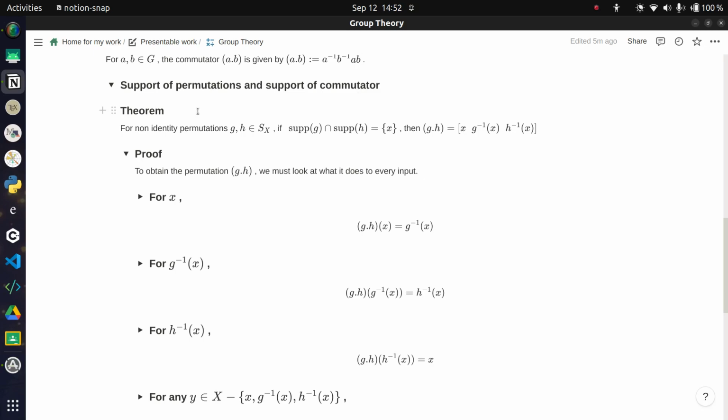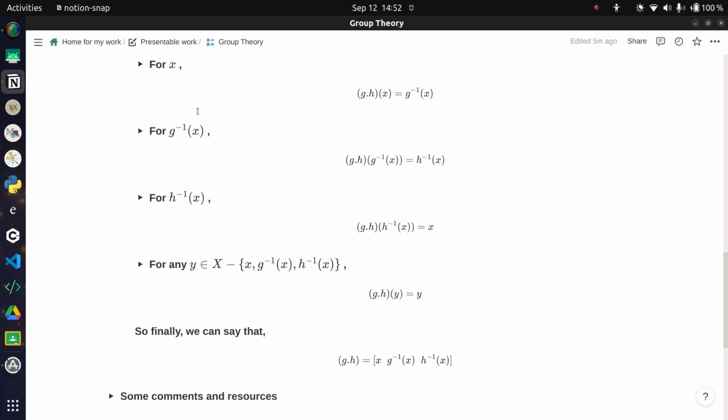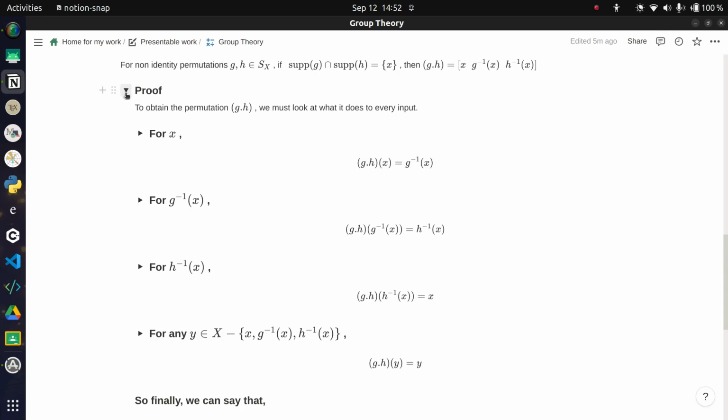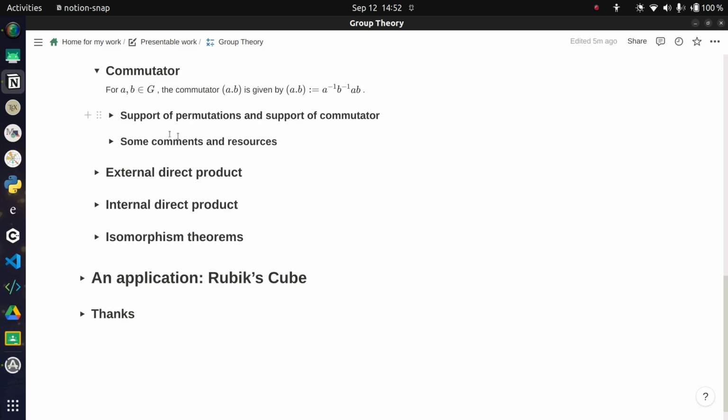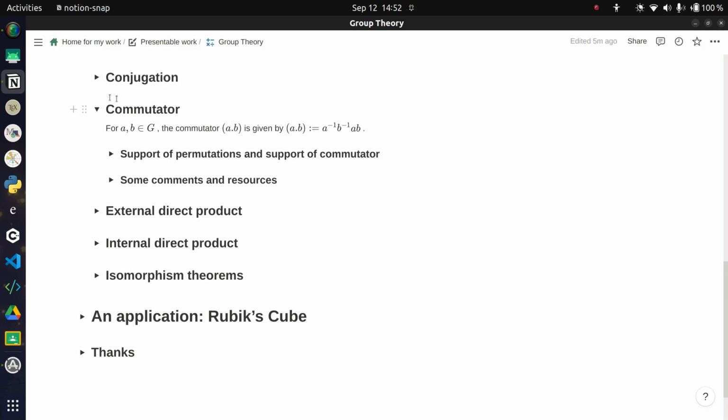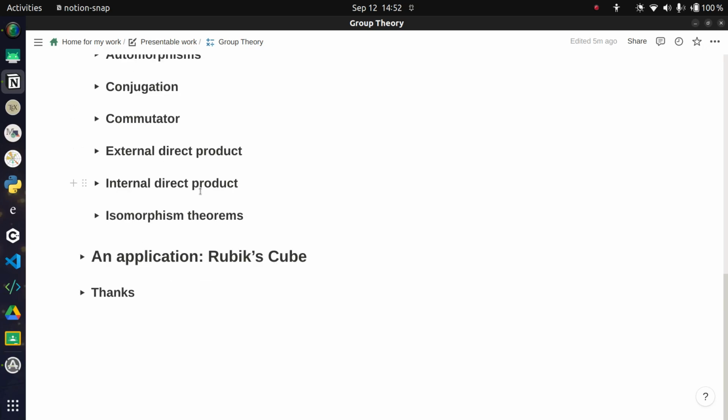I'm not going to go over the proof once again, but this is important while solving the cube. Okay, so now you understand commutators, we can finally go to the actual Rubik's cube.